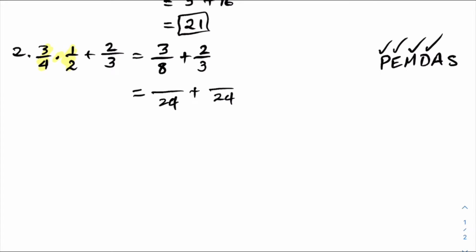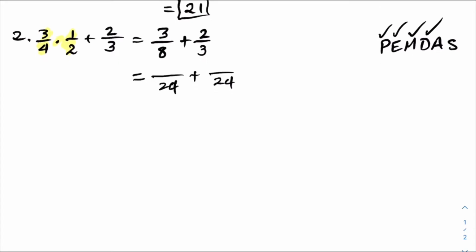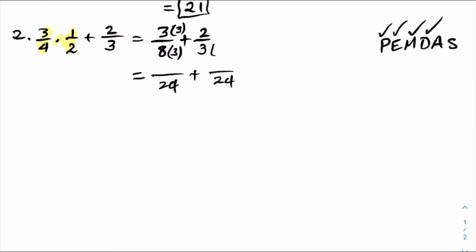So for 8 to get 24, multiply by 3 to the denominator and multiply by 3 to the numerator. For the 3, we multiply by 8 to the denominator and multiply by 8 to the numerator. So over here, 3 times 3 is 9, and 2 times 8 is 16.